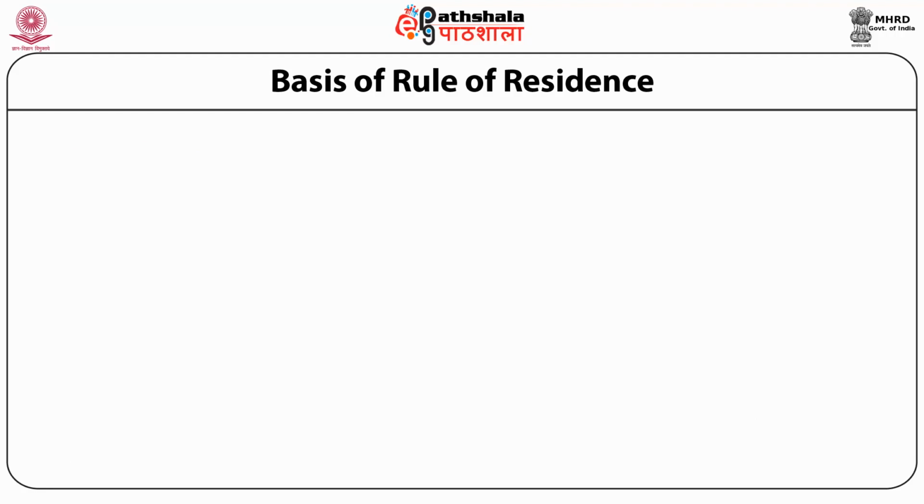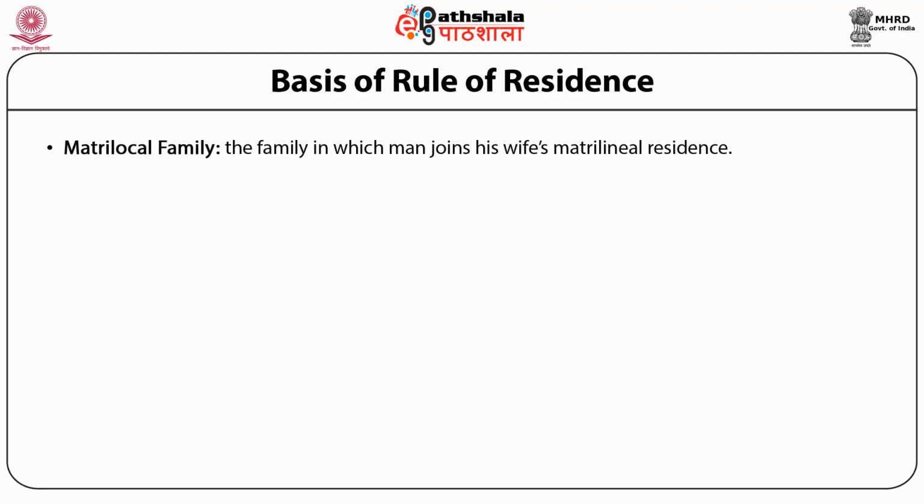On the basis of rule of residence, family is classified into 6 types. They are matrilocal, patrilocal, bilocal, auxiliary-local, virilocal, neolocal, and finally avunculocal. Matrilocal family is one in which the man joins his wife's matrilineal residence.